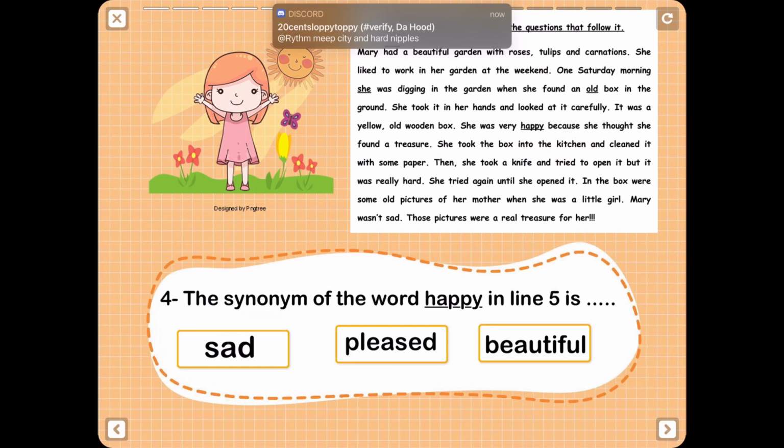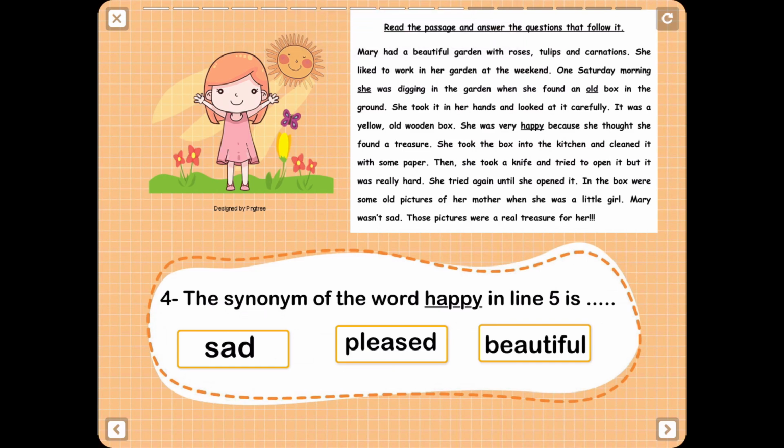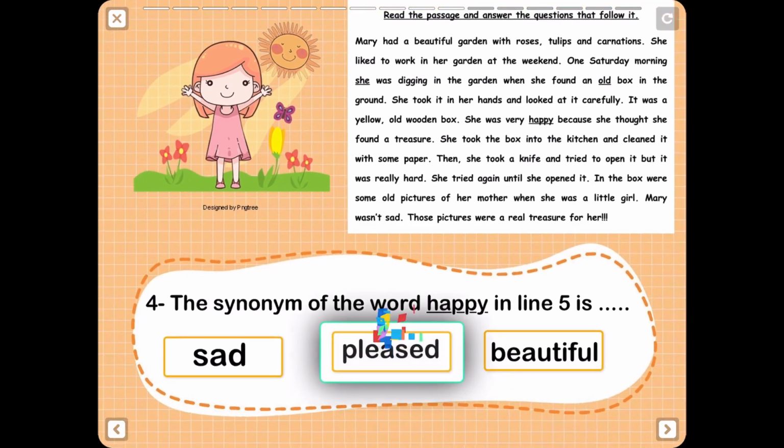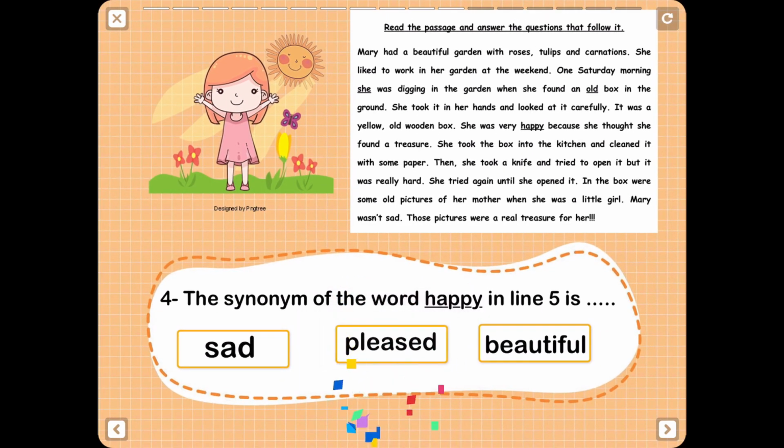Number 4, the synonym of the word happy in line 5 is sad, pleased, or beautiful. The same meaning of the word happy. What's the word that has the same meaning? Pleased, yes, very good. The word happy means pleased.